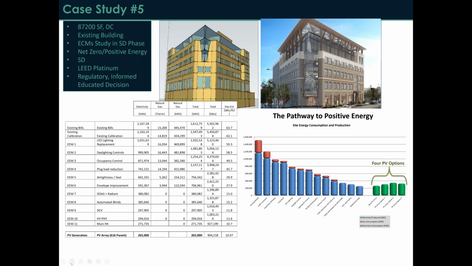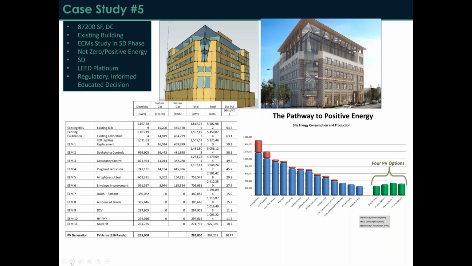It's a pretty interesting and amazing building, and I want to show what a crucial role energy modeling played to reach the net zero building. And definitely, there was no other way to get this existing building in downtown DC to net zero without the help of energy modeling.